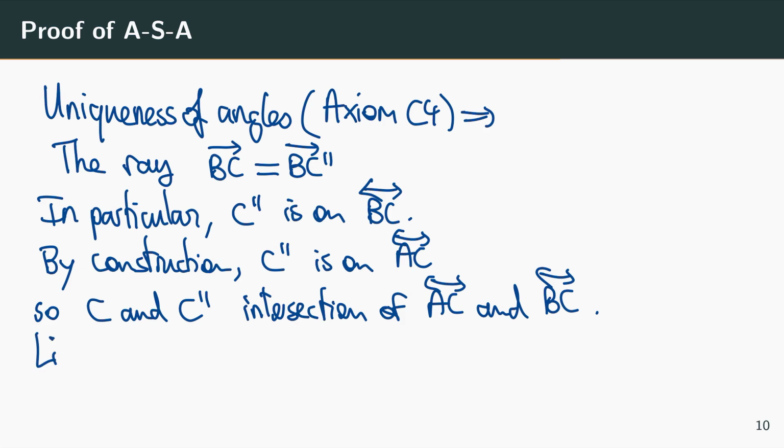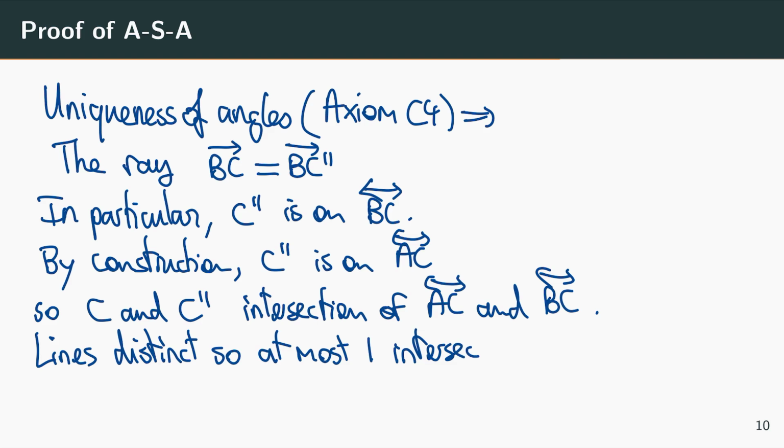The lines can't be the same because for us a triangle is three non-collinear points. The vertices of the triangle cannot be collinear. And from this, it follows that there's at most one point of intersection.